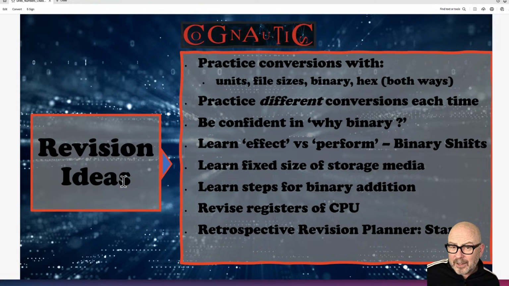Learn the fixed size of storage media. So I fancy they'll do something on what would be the right storage media for a file that is... they've got 550 files of 8 bytes. So you've got to do some, and then in megabytes. So you've got to convert it and then talk about which would be the suitable storage device or storage medium.